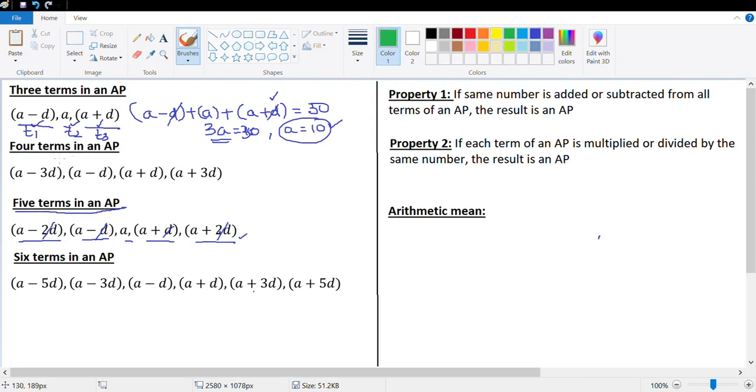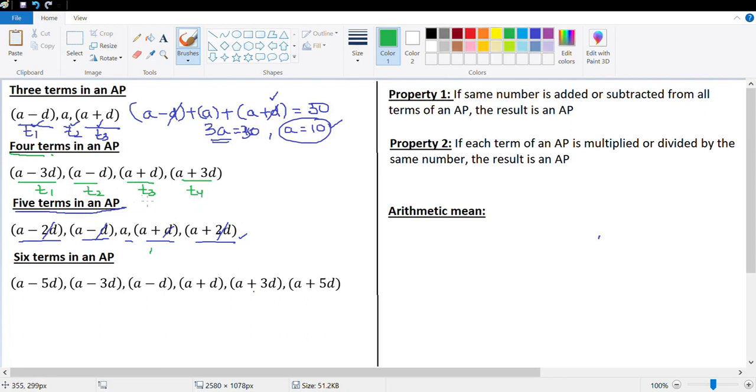Now, in case you have an even number of terms, which is if you have 4 terms in an AP, then you should take those terms as a minus 3d, a minus d, a plus d, and a plus 3d. Again, my first term is a minus 3d, second term is a minus d, third term is a plus d, and fourth term is a plus 3d.